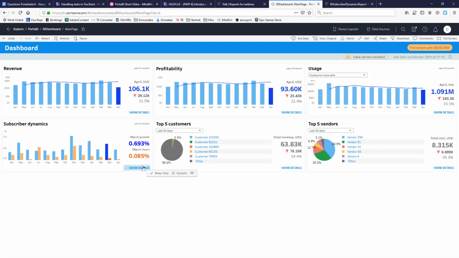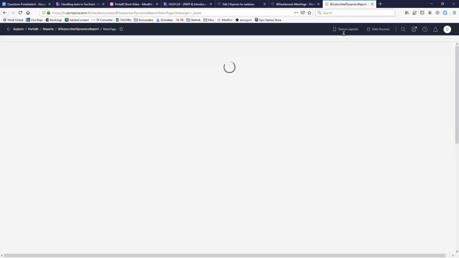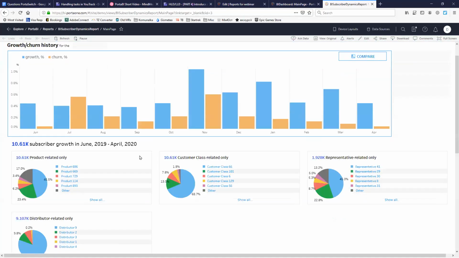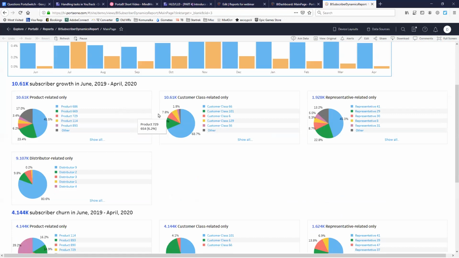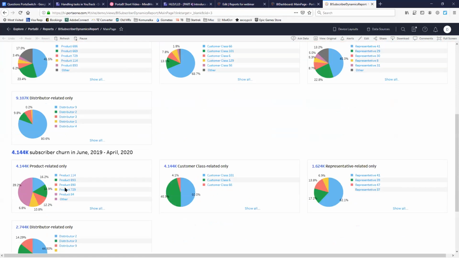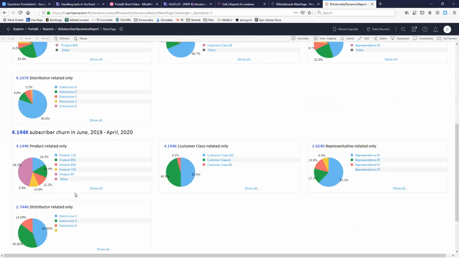If we go into details for these reports, it's going to look very similar to the reports that we've already seen, I mean the revenue and profitability report. The only difference is that it has pie charts with a split of growth, a separate group of pie charts for growth and a separate group for churn.